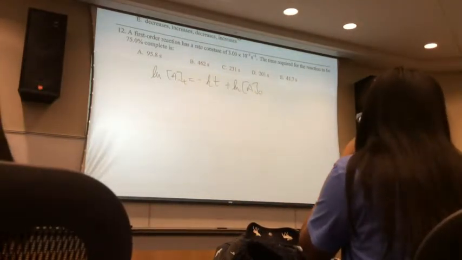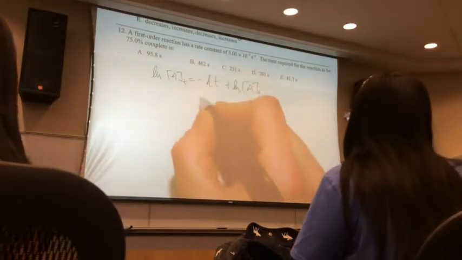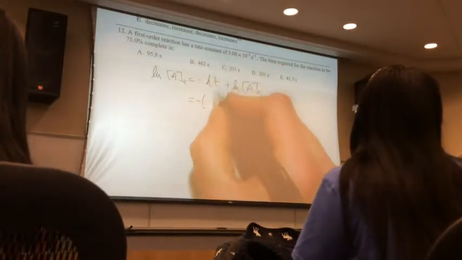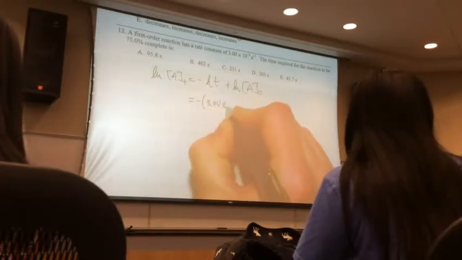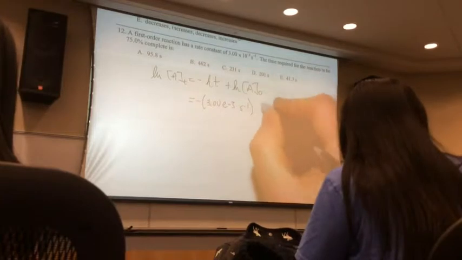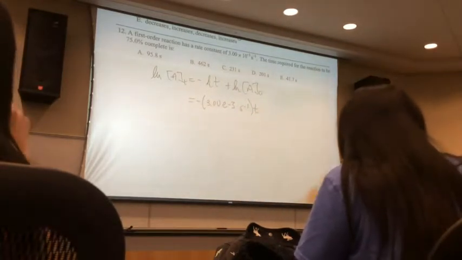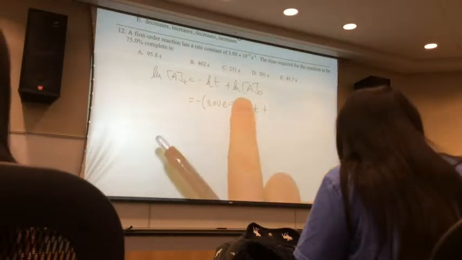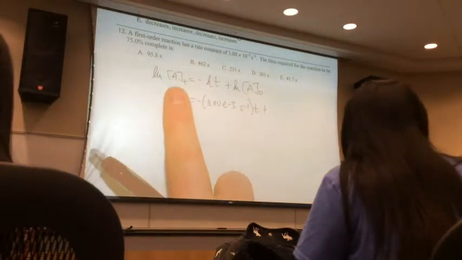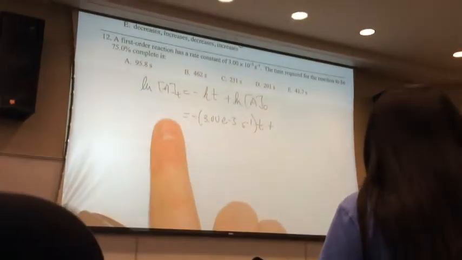Now, to do this, we have a rate constant, so this is minus, we're given 3 times 10 to the minus third inverse seconds. We're asked for time, so there's our time. Now, we've got A0 and At, and we want the reaction to be 75% complete.